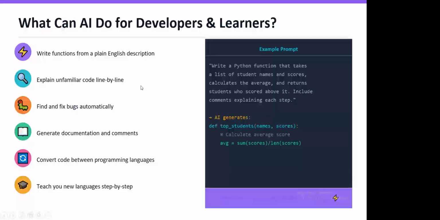These are the things developers can do. It becomes not a problem to develop or compute the code, because you can use this language model to help you do all these things.